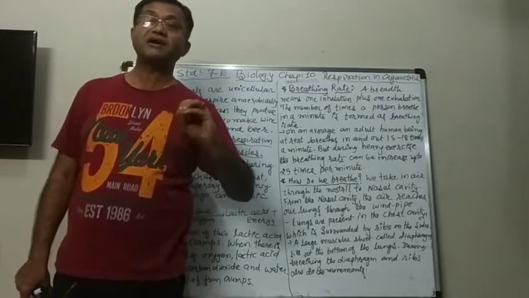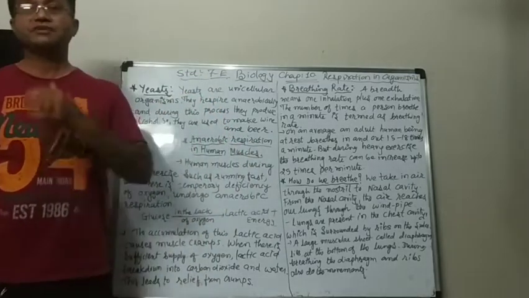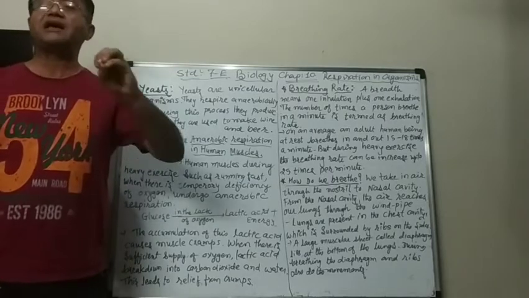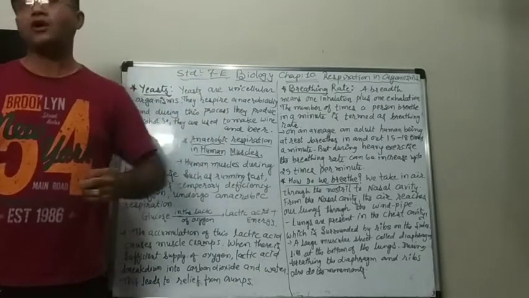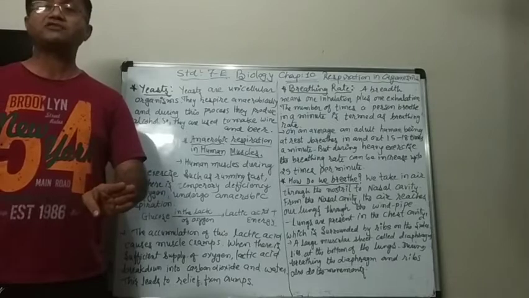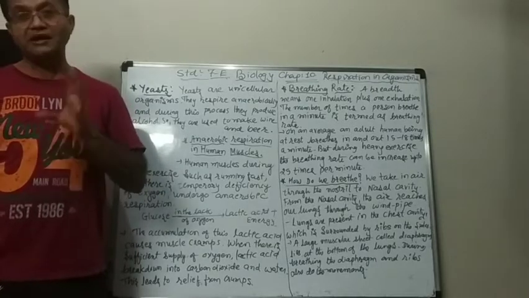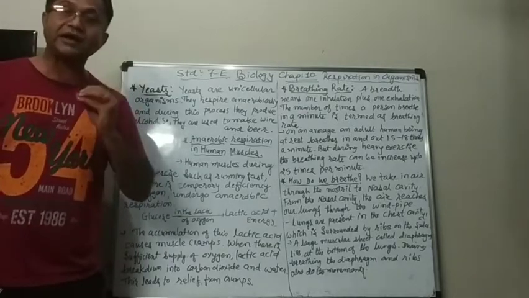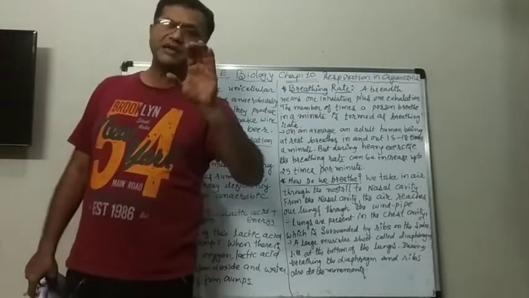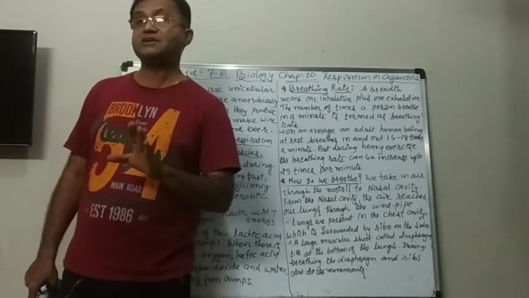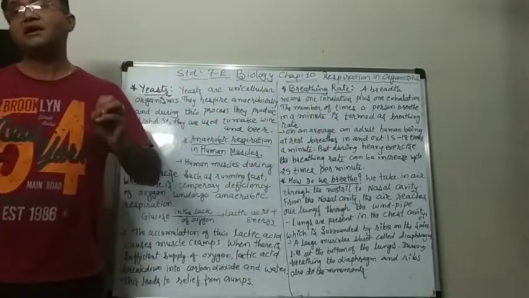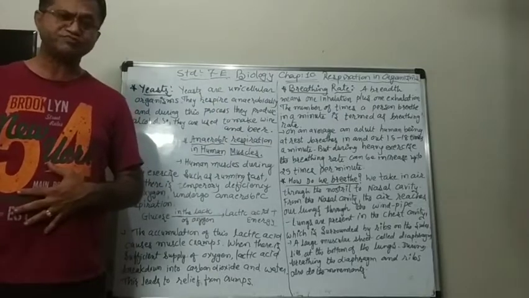Glucose is broken down partially, and so they produce different products like alcohol, carbon dioxide and energy. Therefore in anaerobic respiration a small amount of energy is produced compared to aerobic respiration.